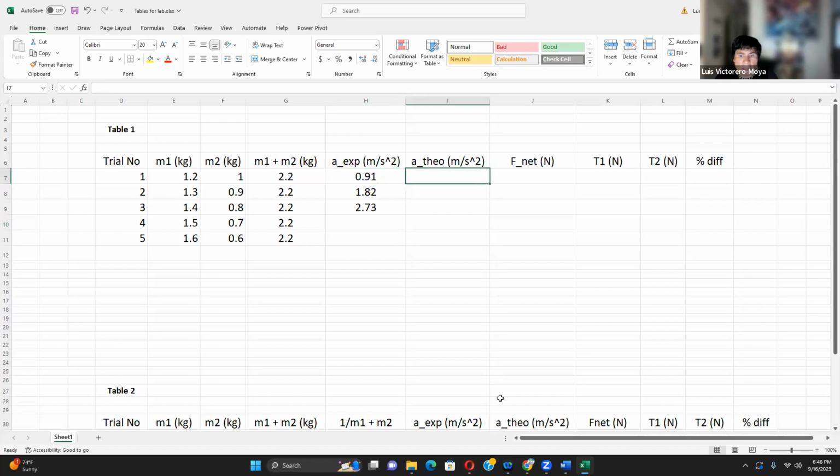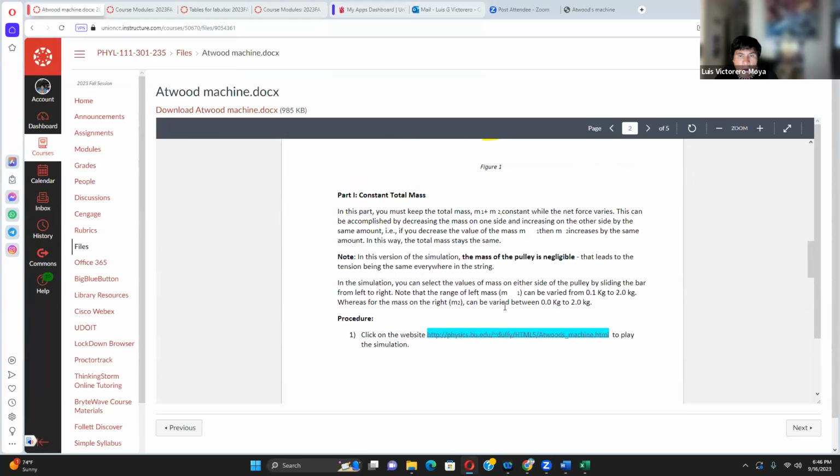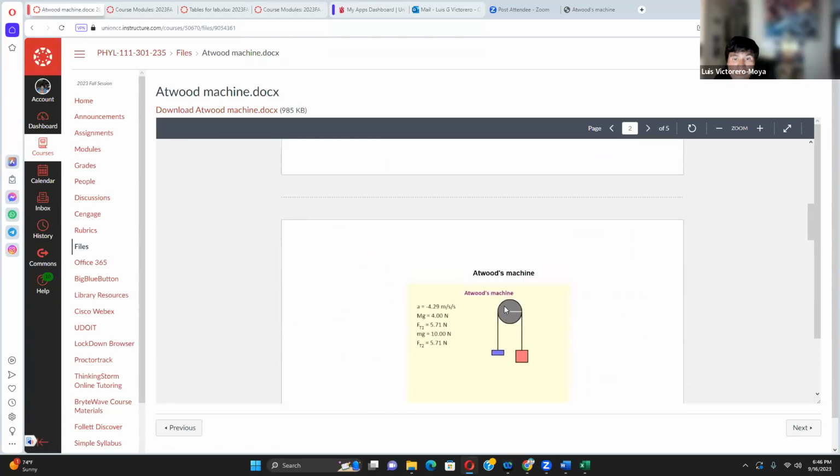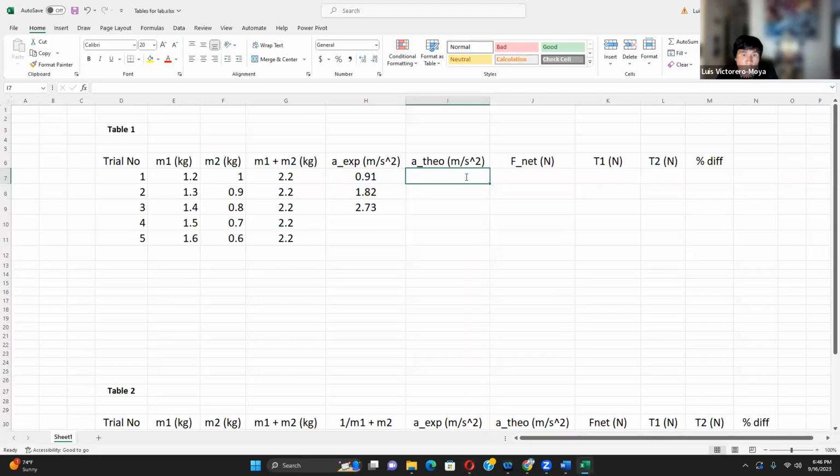The theoretical acceleration will be the formula, which is in the manual: m1 minus m2 times gravity divided by total mass. So here you can do the equation, by the way. You can do m1 minus m2 all in parentheses times 9.8.